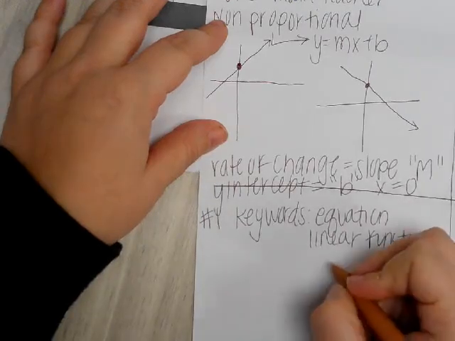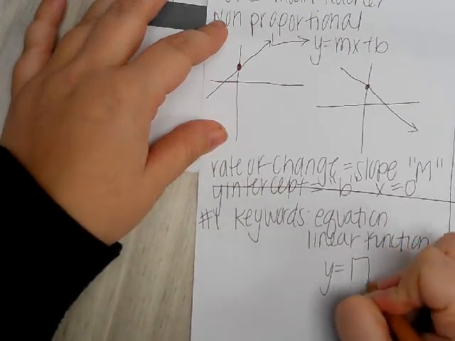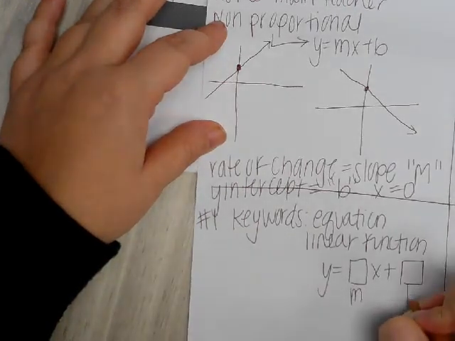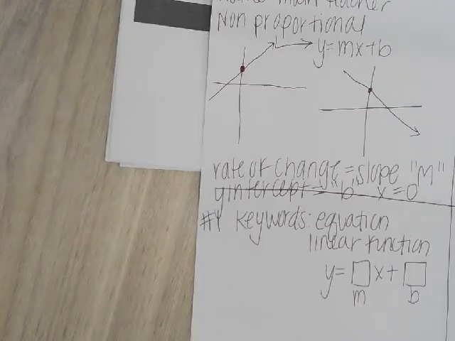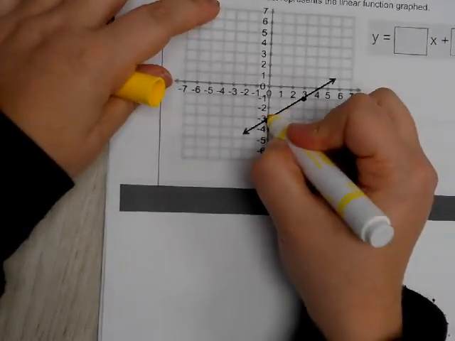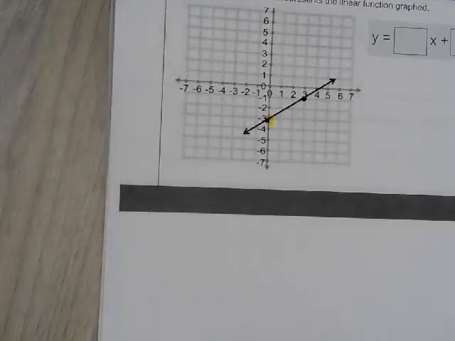We know that y equals mx plus b. Okay. If I look at my graph, I know that it's passing through -3, so -3 is my b.